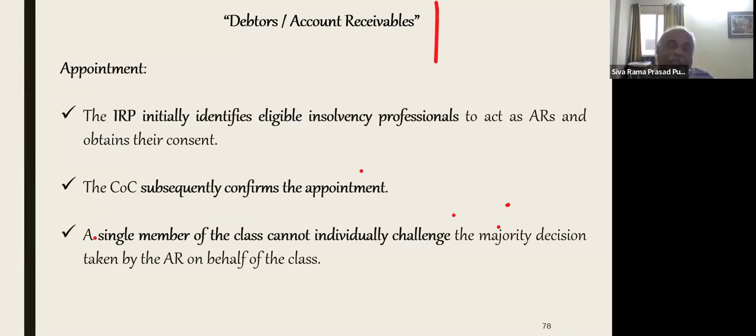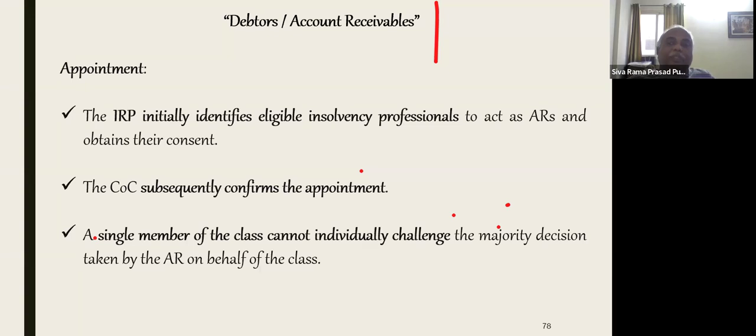Appointment. For commercial paper also, the IRP initially identifies an eligible insolvency professional to act as an authorized representative for commercial paper and obtains their consent. The COC subsequently confirms the appointment. And a single member of the class cannot individually challenge the majority decision taken by the authorized representative on behalf of the class.